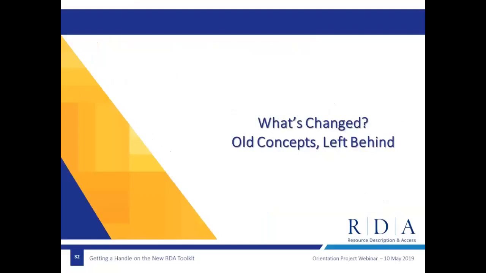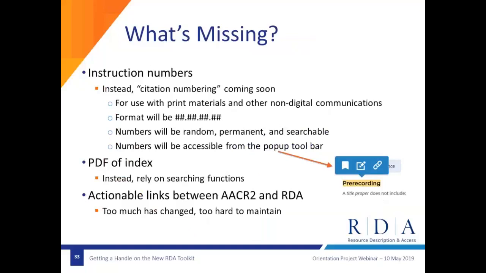So in terms of what's changed, we've also left some old concepts behind. First and foremost, as I'm sure many of you know, is instruction numbers. The way we've created element pages, it simply did not make sense to do that. But we recognize that there are reasons to want to have some sort of shorthand to refer to particular parts of the toolkit in the beta site. So we are going to implement citation numbering instead.